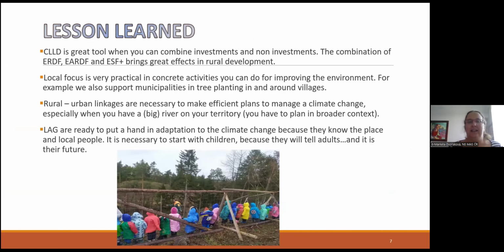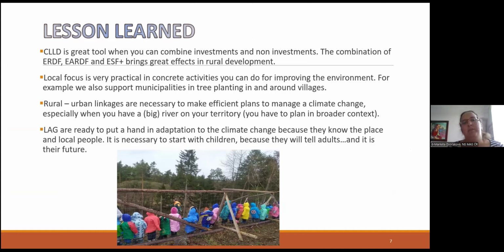And lessons learned: CLLD is a great tool when you can combine investments and non-investment activities. It really brings a great effect in rural development when you can combine all types of activities and make really functional projects focused on different target groups.